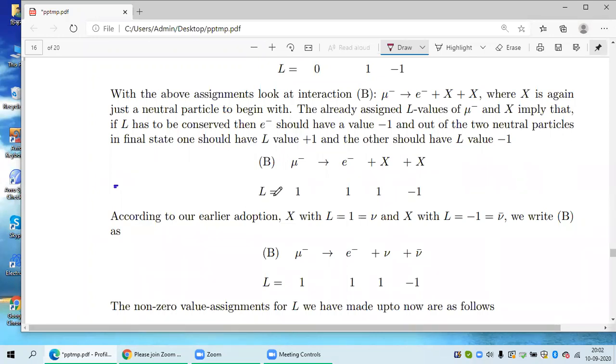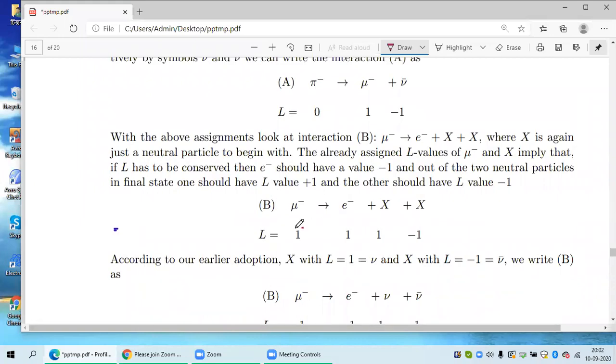So if I choose L equal to 1 for the assigned value, then I can choose L equal to 1 for this, and x and x, this means this x and this x are antiparticles of each other.